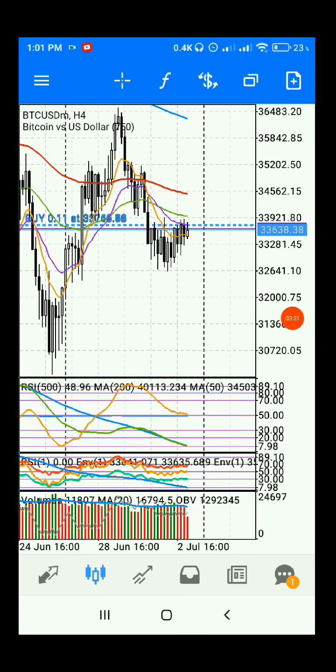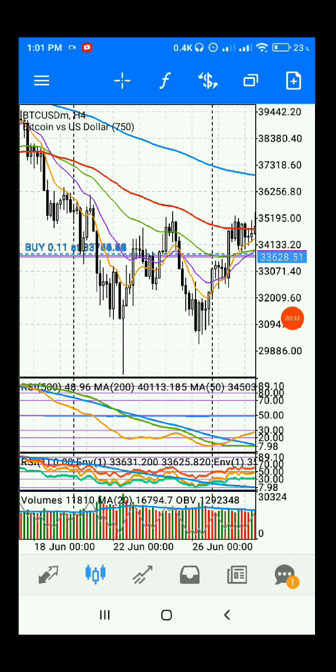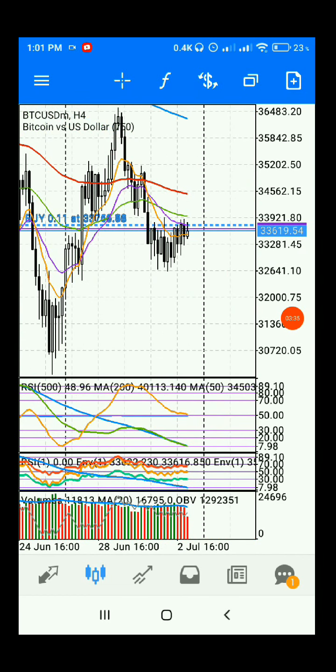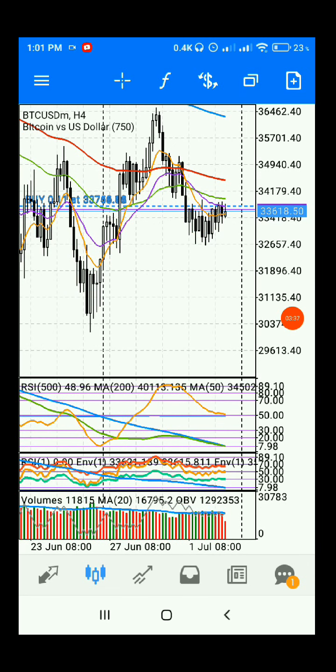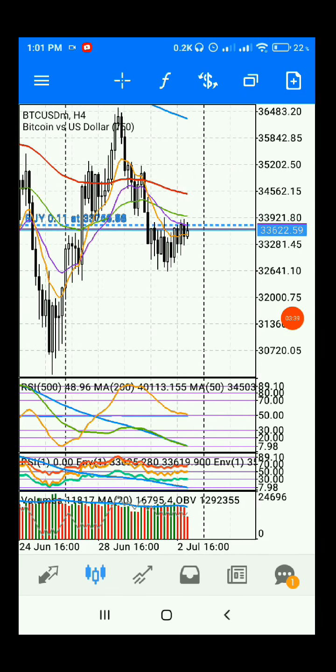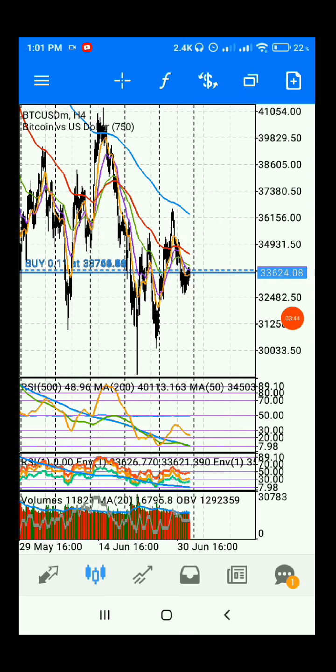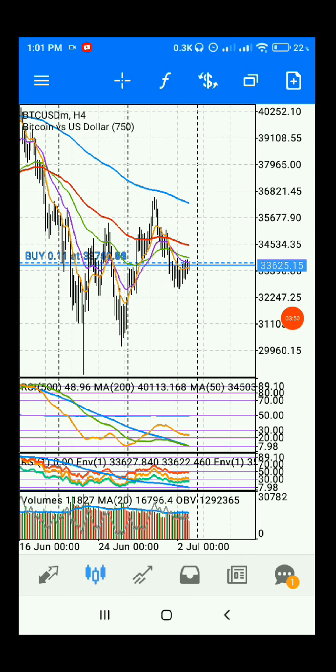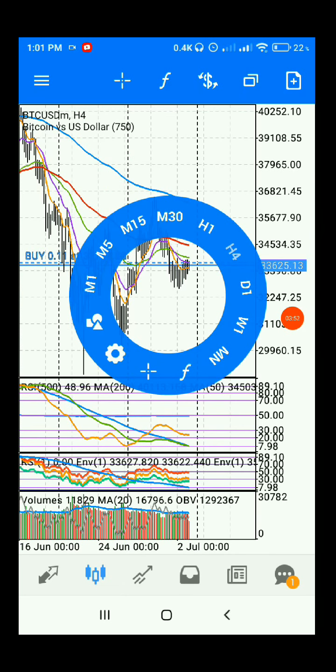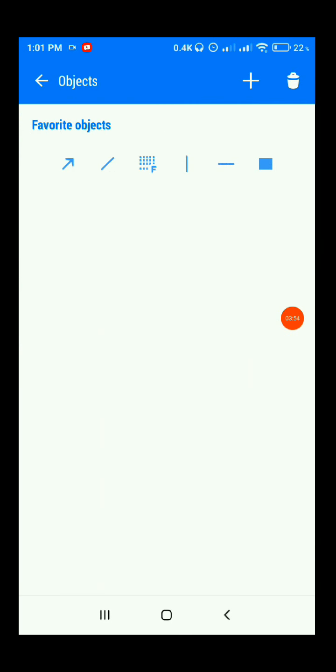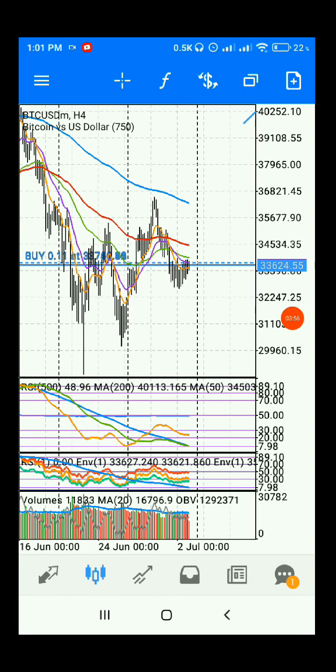First I want to mark the zone where the price structure is going. Have a look at my chart. So on this zone level, I will mark the levels and the trend line here and here.